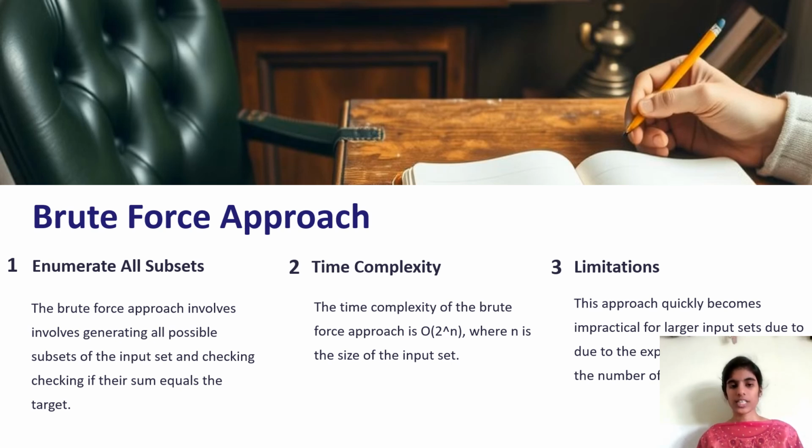Next, the time complexity of the brute force approach is big O of 2 power n, where n is the size of the input set. And the limitation is that this approach quickly becomes impractical for larger input sets due to the exponential number of subsets.